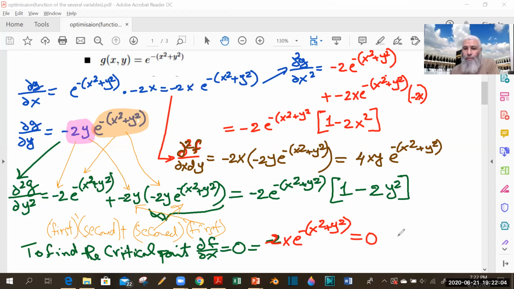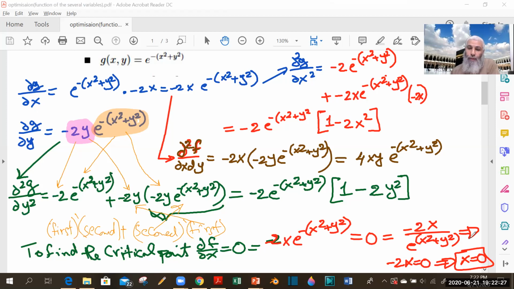So this is like this, negative 2x over e power x squared plus y squared. So from this we can find that negative 2x equal to 0. So x equal to 0. Right?